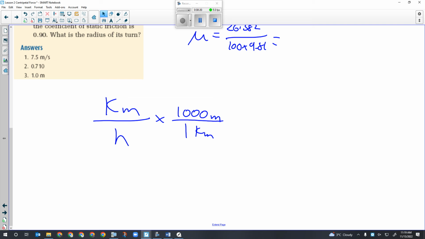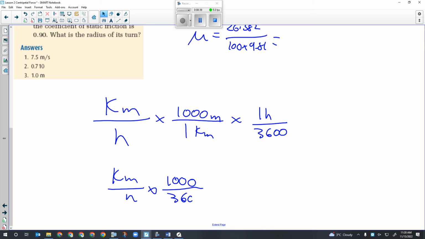Everyone okay with that? I've got to convert the hours to seconds. In 1 hour, there are 3,600 seconds. So really what I'm doing is taking kilometers per hour, multiplying by 1,000 and then dividing by 3,600.